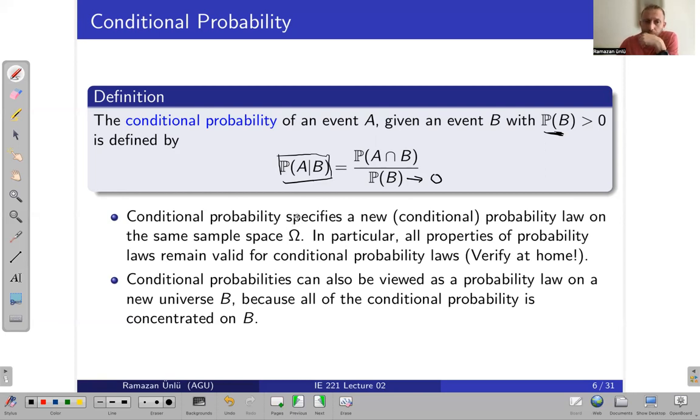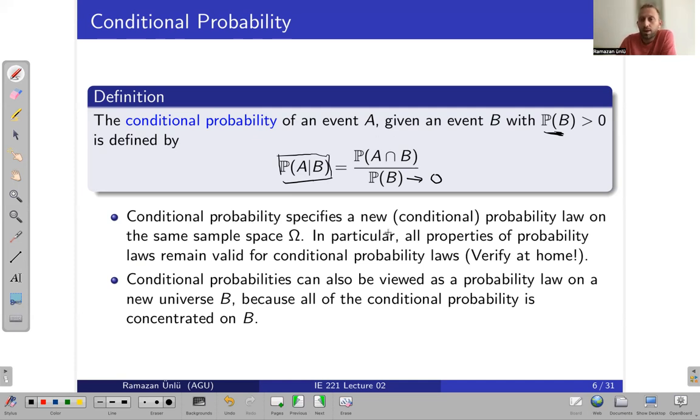So the conditional probability specifies a new probability law on the same sample space omega. We can say that all the probability axioms are valid for conditional probabilities, and all properties of probability. You can verify these things at home. We did this in the first lecture: we used the axioms and wrote some other useful properties, and you can do the same for conditional probability.